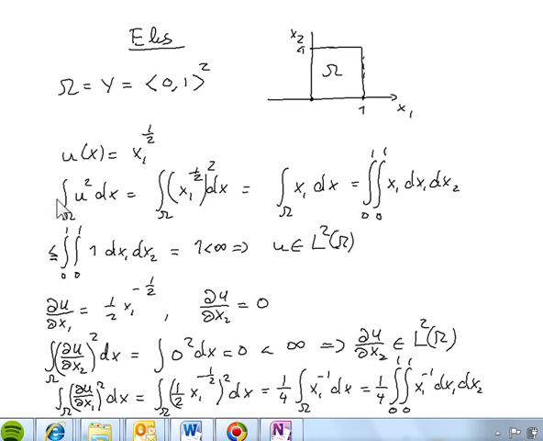So, taking the integral of the square of u, we just find that this integral is equal to the integral of x1.